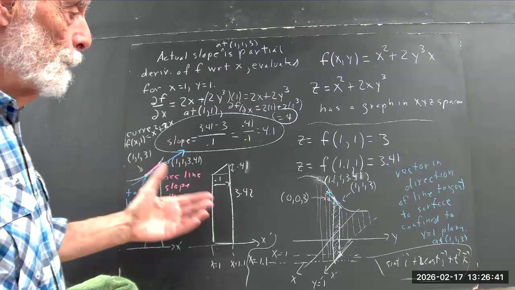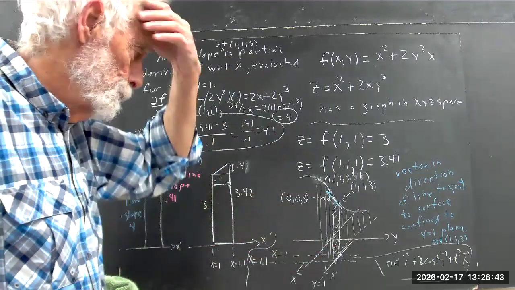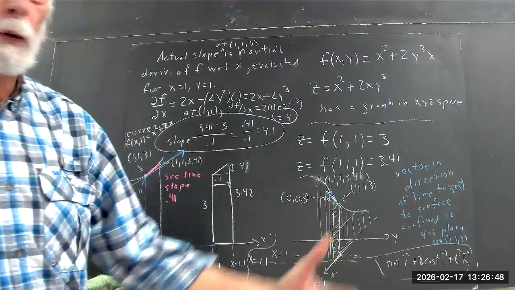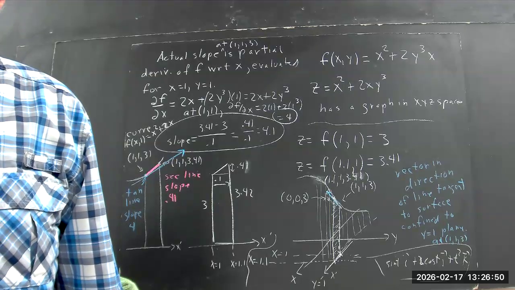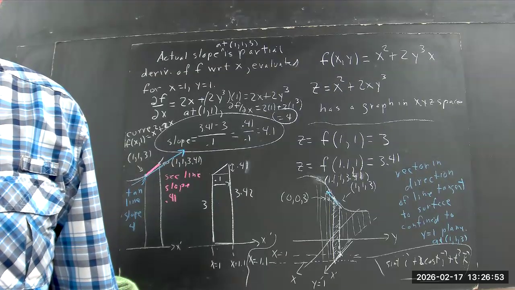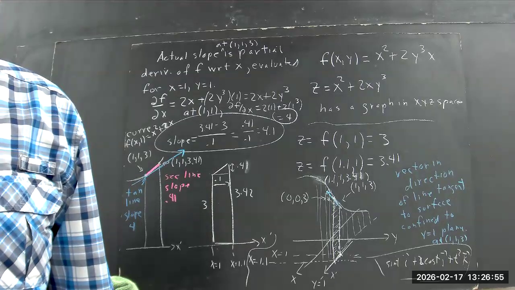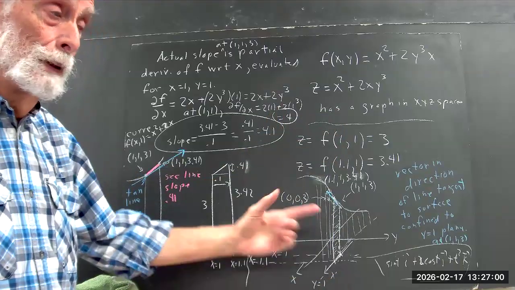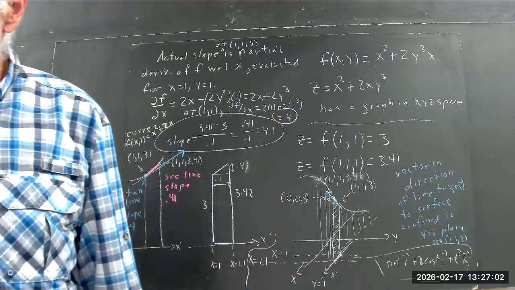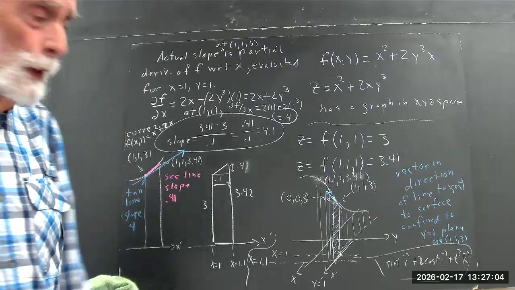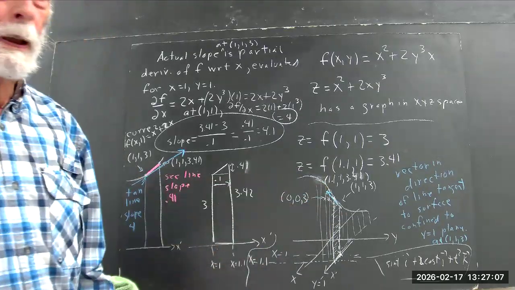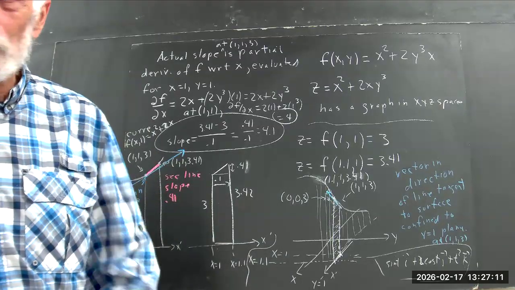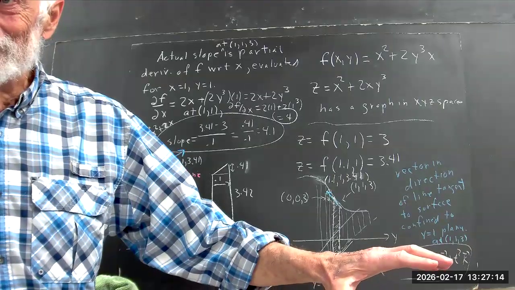So this entire y equals 1 plane is perpendicular to the y-axis, right? The normal vector for the y equals 1 plane is j, unit normal. And this vector is in that plane, meaning it's perpendicular to the normal vector, which means it doesn't have a j component.